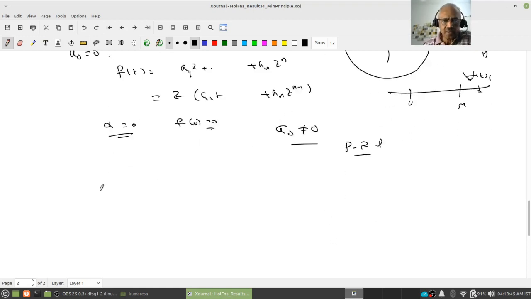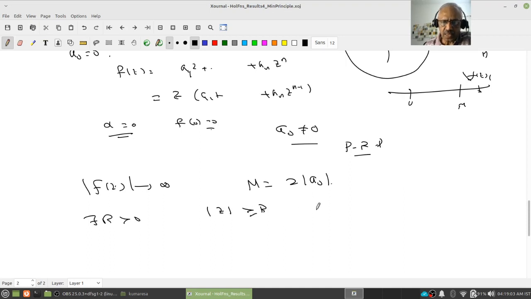Now since I know mod f of z goes to infinity, take m equal to 2 times mod a0. Then there is an r greater than 0, so that whenever mod z is greater than or equal to r, modulus f z is greater than or equal to 2 times mod a naught.